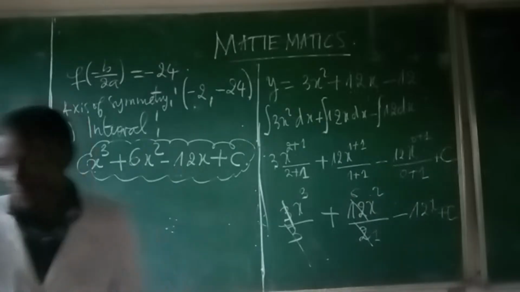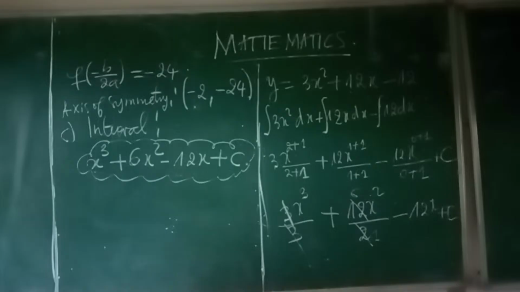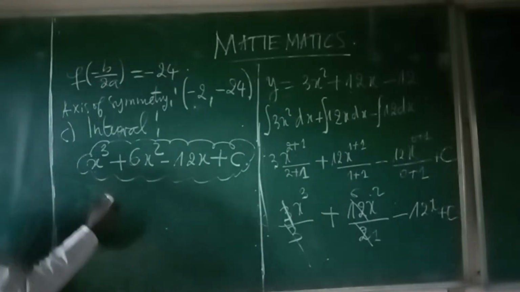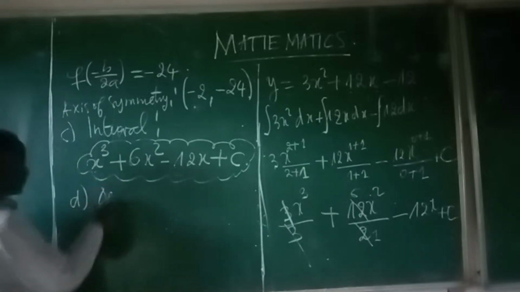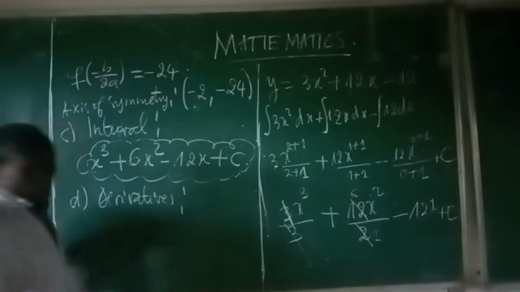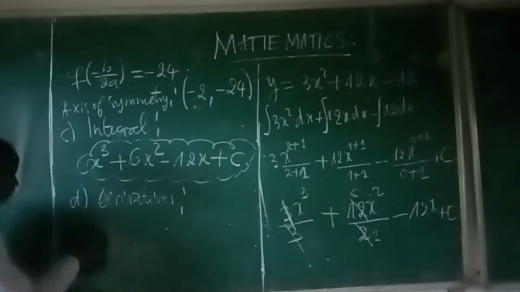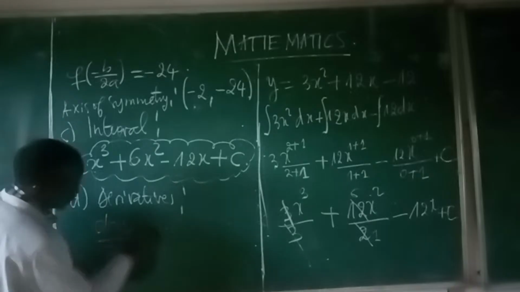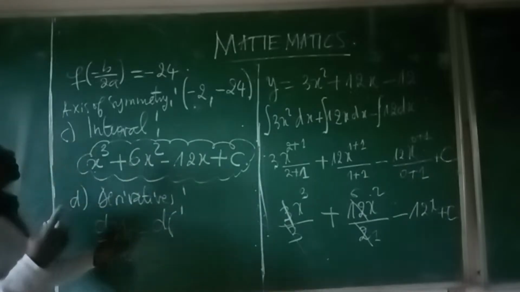Are we together? Yes? Now we are reaching the last step, which was to find the derivative. About derivatives, we have a formula that you have to use, which is dy with respect to dx, which is d of... remember that formula.